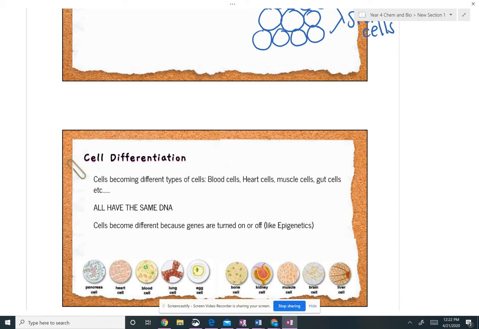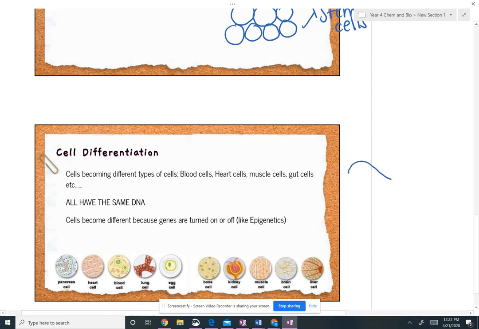What we have to go back to is that whole idea of epigenetics that we went over in unit 4. All of these cells have the same DNA to pull from, right?